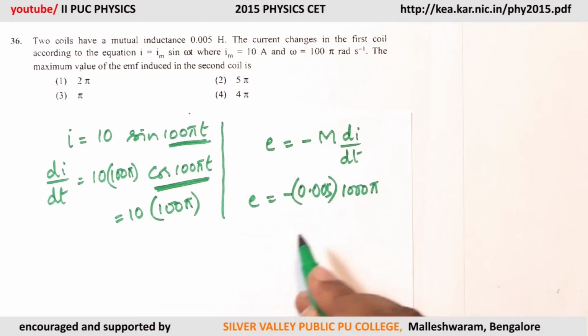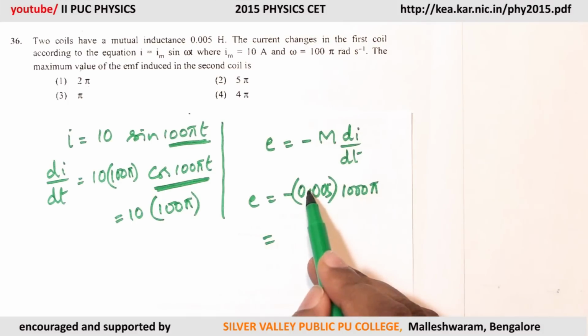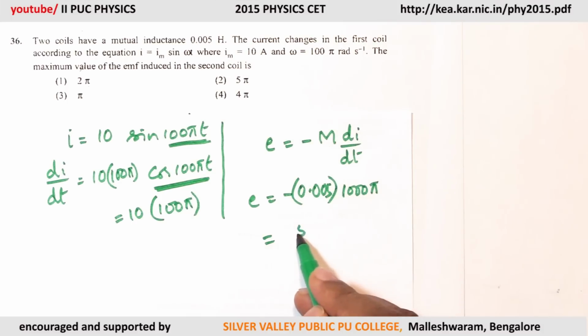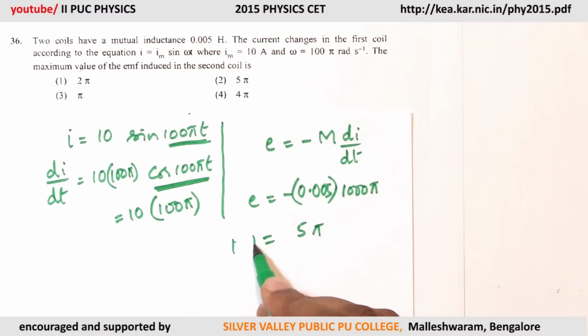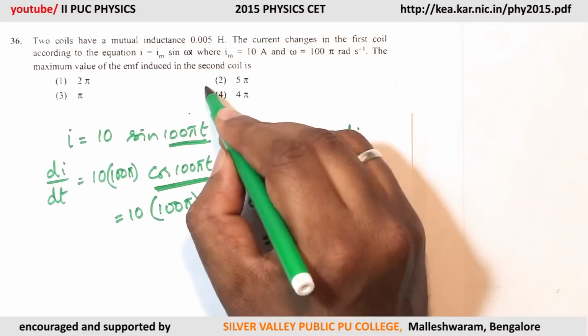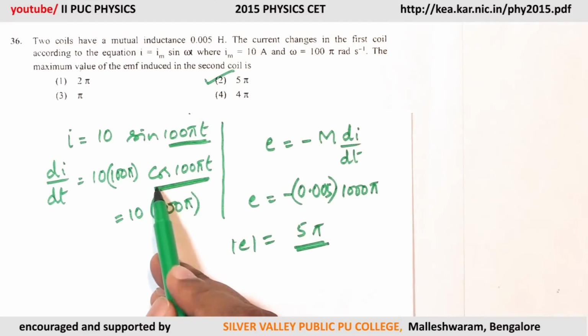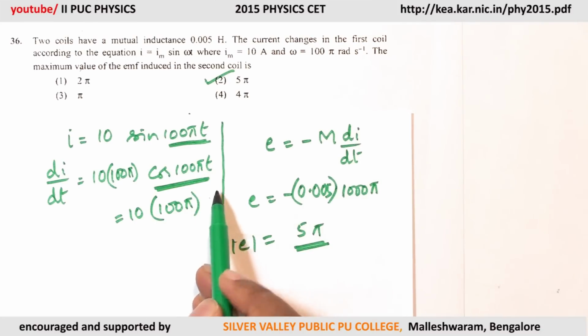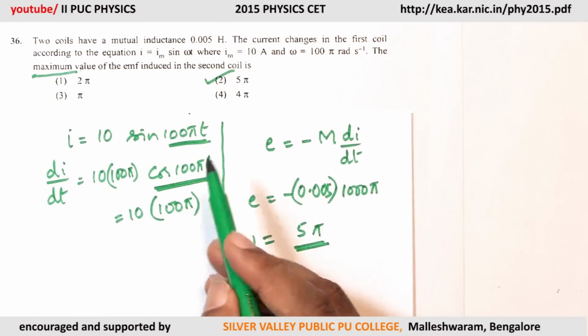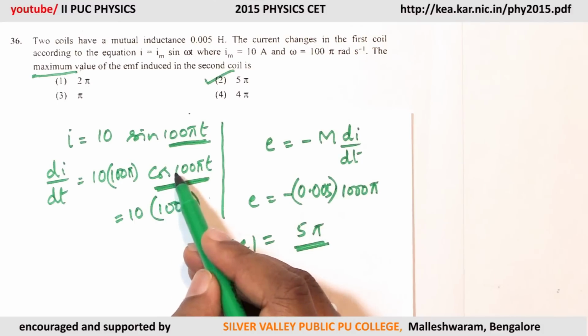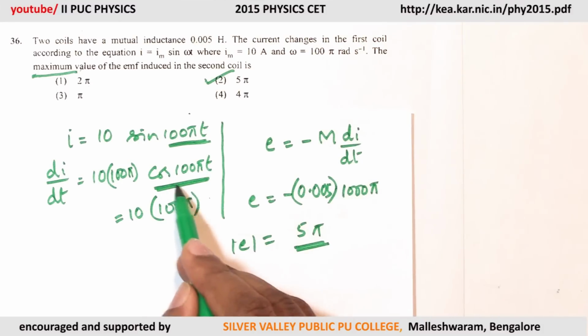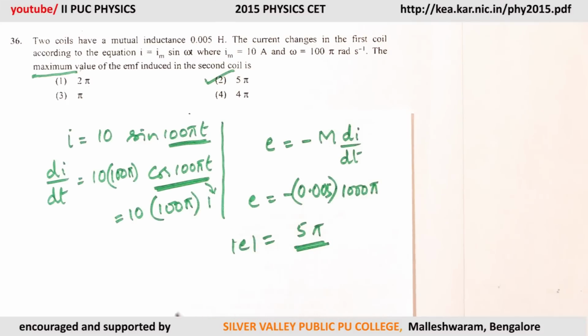It is 5 pi. If you consider the magnitude of EMF, it is 5 pi. Let me explain again. Since they are asking the maximum value, the maximum value of cos function is 1. Therefore take cos phi equal to 1. Thereby the magnitude of induced EMF is 5 pi.